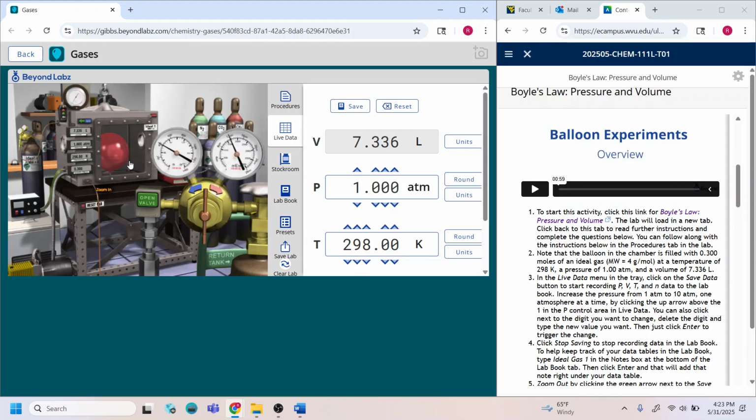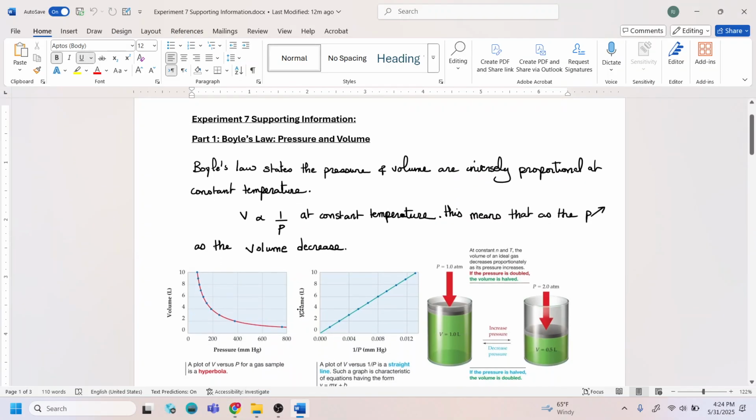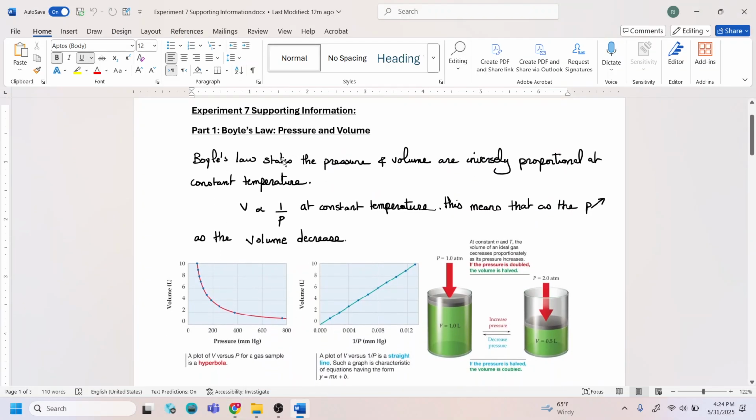Our first experiment is Boyle's law. By definition, Boyle's law shows the variation in volume versus pressure. If you look at the supporting information, I did explain Boyle's law, and I said that the pressure and volume are inversely proportional to each other.